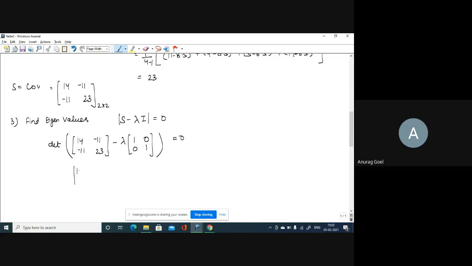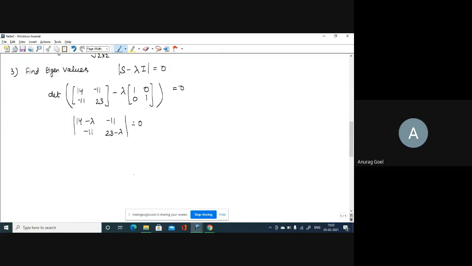You can see here 14 minus lambda, minus 11, minus 11, and 23 minus lambda, determinant equal to 0. So (14 minus lambda)(23 minus lambda) minus 121 equals 0. Just solve this. That's what you will get.